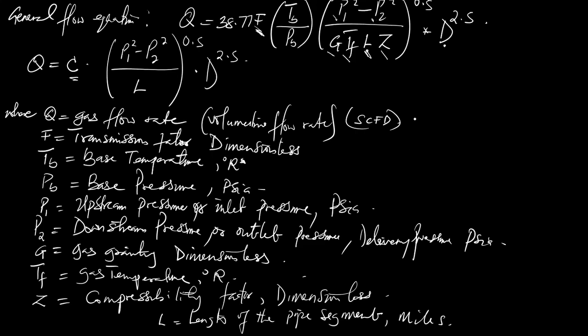Now we have the D, which is the internal diameter of the pipe. This is in inches.